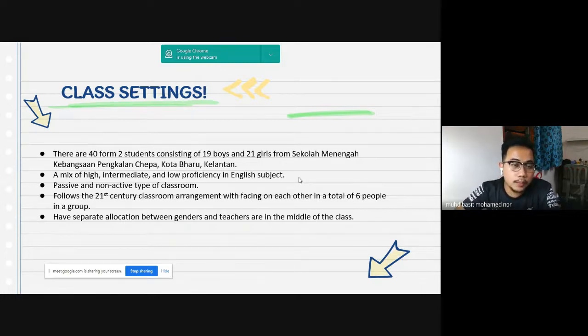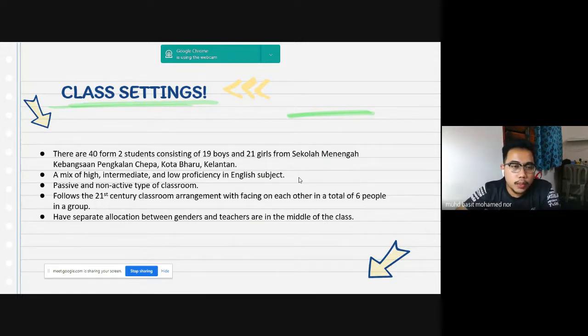But this classroom follows the 21st century classroom, with students facing each other in groups of 6 people. It has a separate allocation between genders, and the teacher is in the middle of the class.